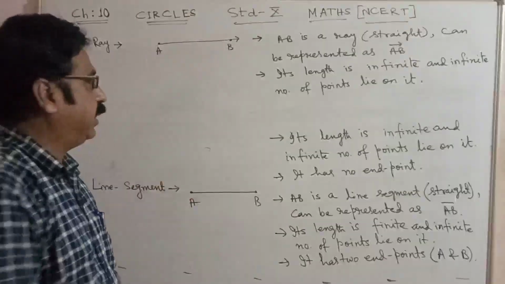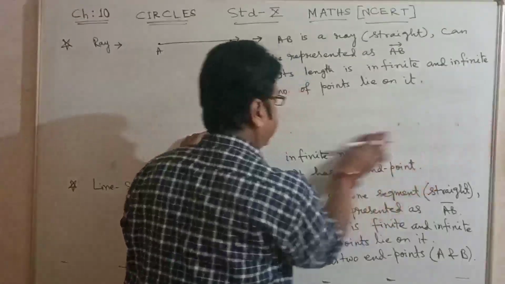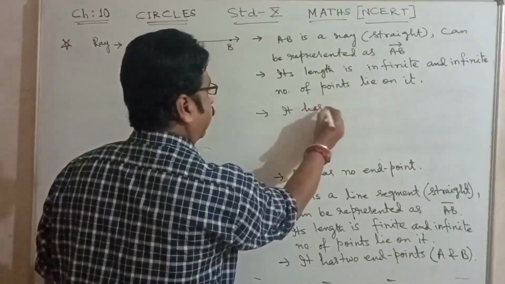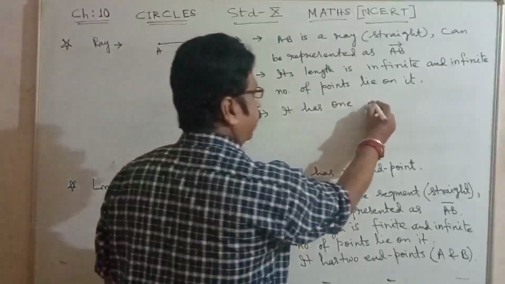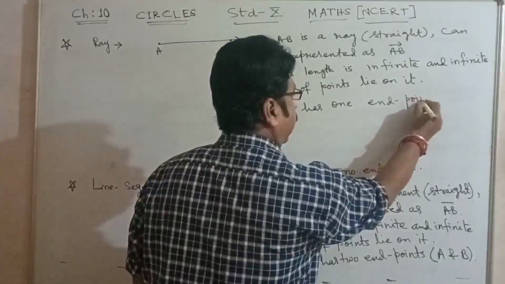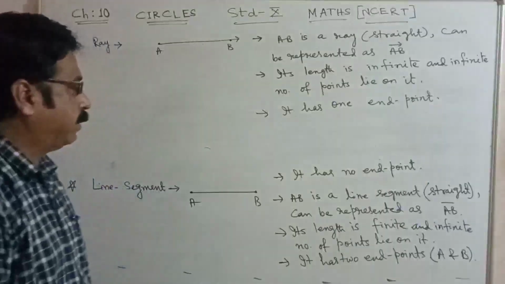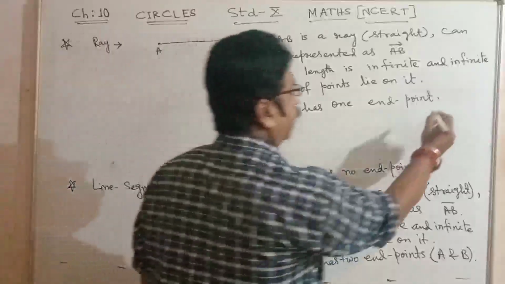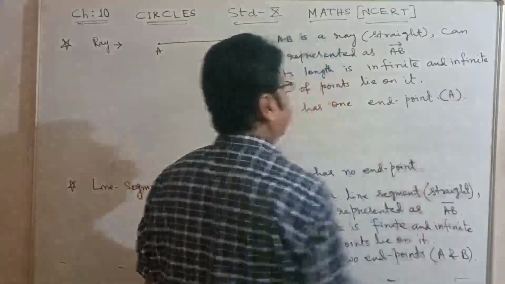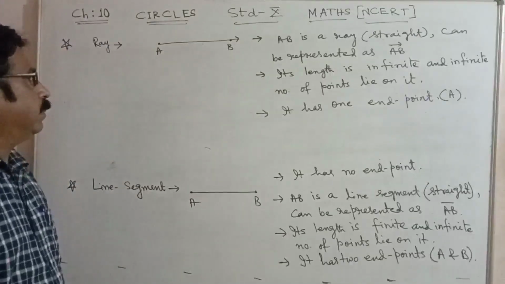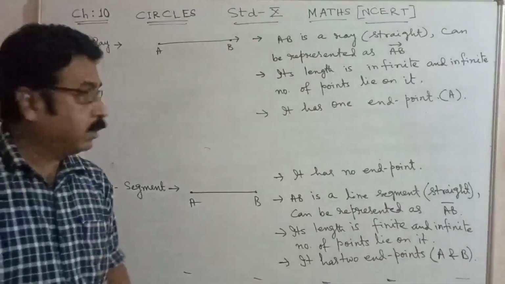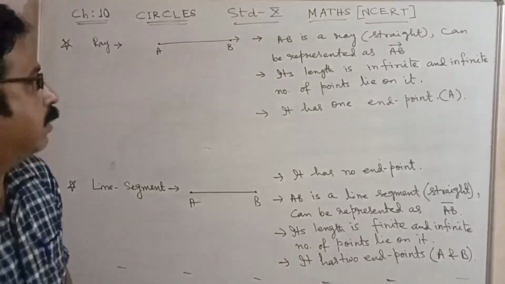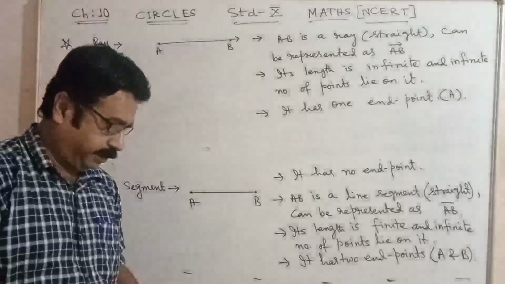For a ray, it has one endpoint. That is point A. All these things you studied before also, just for recap purpose. We are discussing these things again.